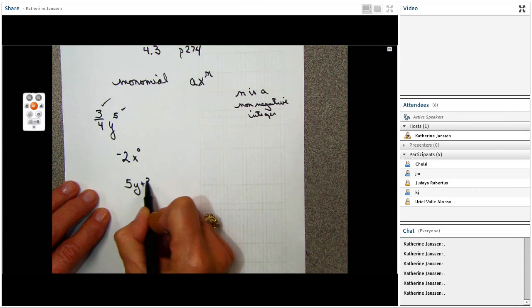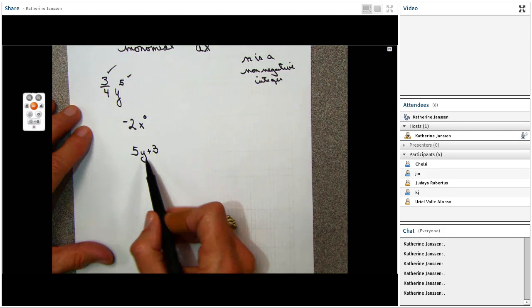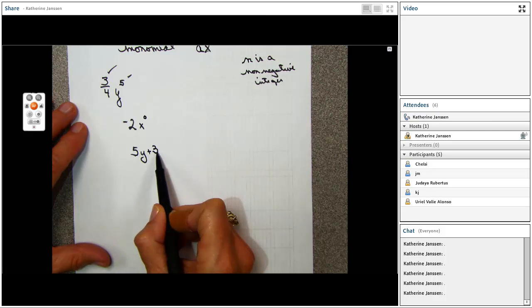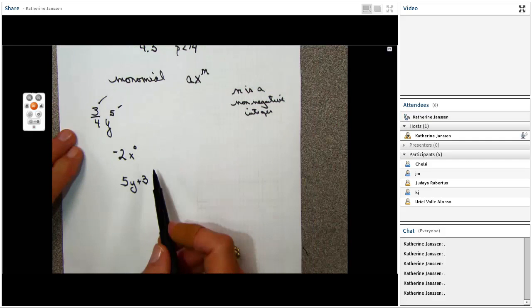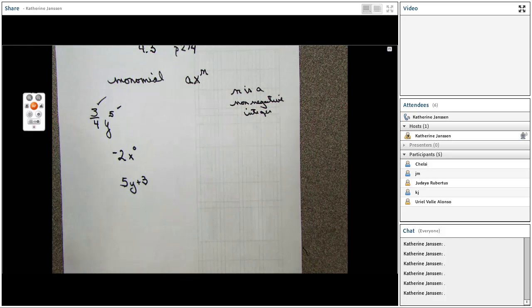5y plus 3. Well, this is a monomial, and this is a monomial. We've learned a constant is a monomial, but now it looks like I'm using my monomials in operations like addition.